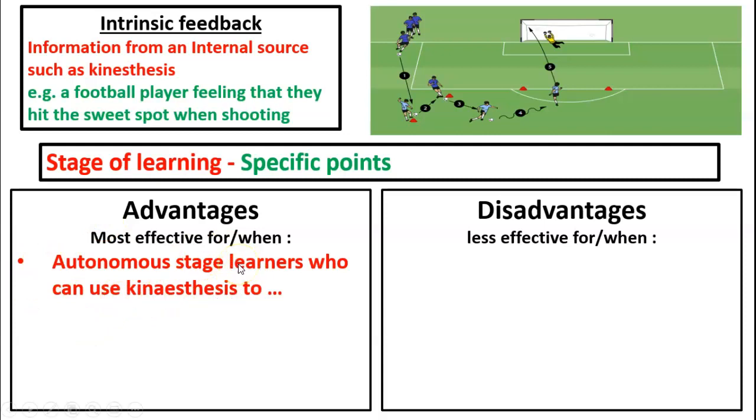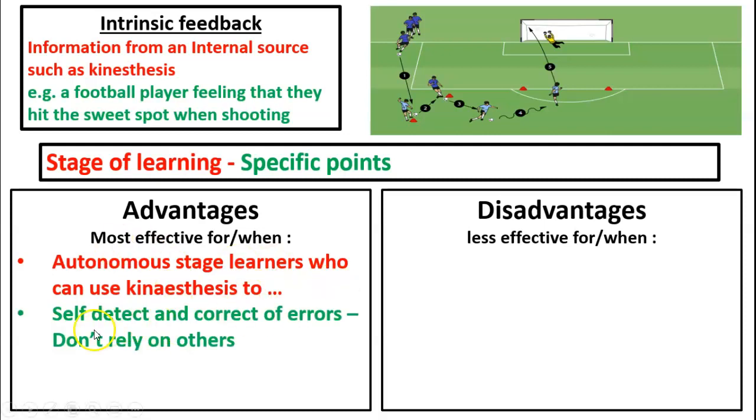Okay, and they use kinesthesis, that feeling, that sense of feeling whether things are good or not, to self-detect and correct errors. Okay, so to self-detect and correct errors, they do not rely on others. So that's the big advantage here, that it's most effective for autonomous stage learners because they can use kinesthesis, and most importantly, they can self-detect and correct their own errors.